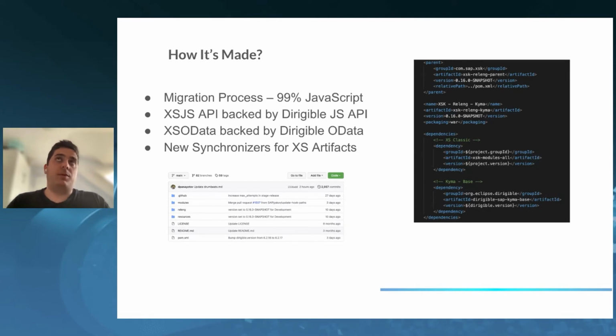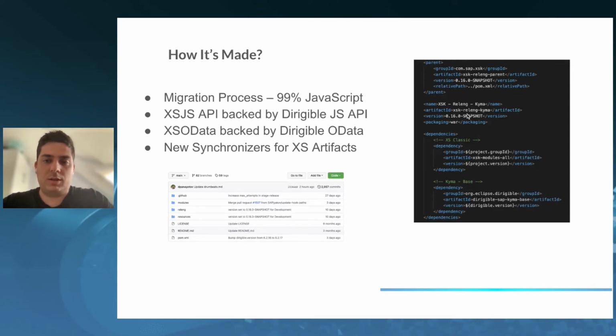In SAP HANA XS applications, we have also OData, which is again backed by the Dirigible data services. And as I said, we had to provide a few synchronizers in order to synchronize extension types like HDB table and so on, which are available in the SAP HANA XS application type.